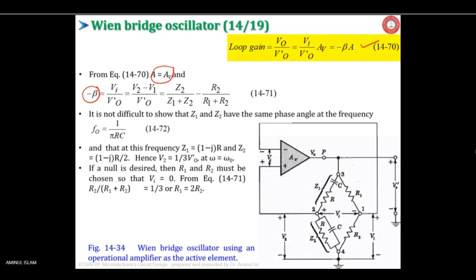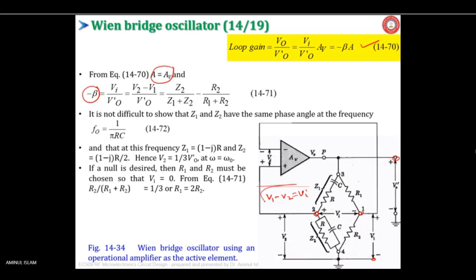VO prime. Beta of any feedback network is what? Its output divided by its input. Input is given between these 2 points, that is VO prime. Output is the difference between these 2 voltages, that is V1 minus V2, which equals VI.